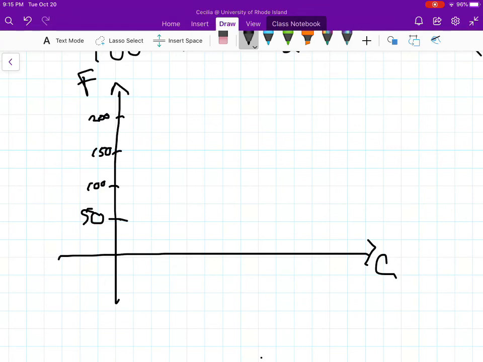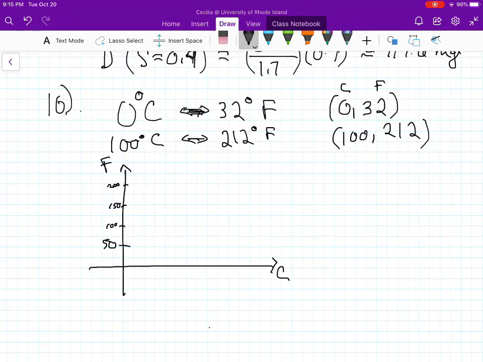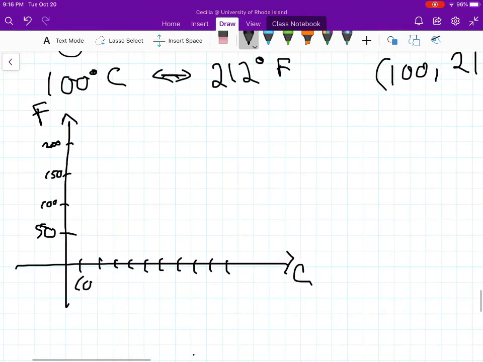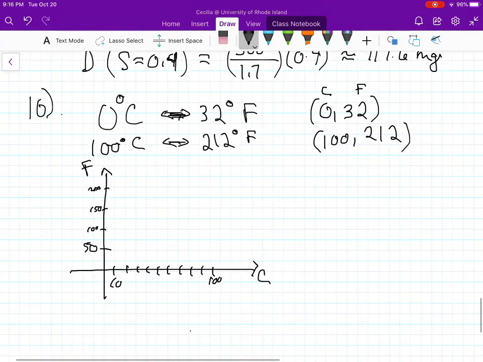Okay, and now let's just go ahead and give that Celsius axis some values so that we can count and graph out what we're doing. So we're going to go out to 100. And now we'll go ahead and put in our points. So the first point we're going to put in at 0, 32.